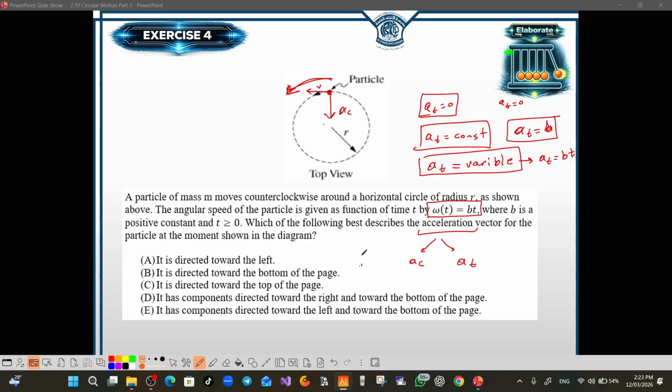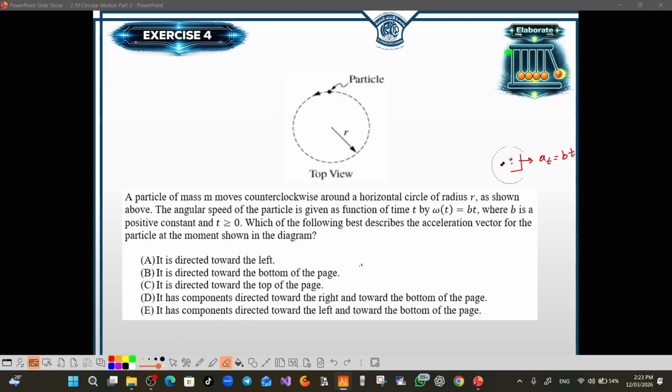Now, we have different ways to do that. For example, we know that the tangential acceleration is directly linked to the angular acceleration. So we know that at is equal to r alpha. And alpha is the derivative of omega over time. We have the omega, so let's apply the derivative of bt. This is a linear equation, and we know that the derivative of a linear function is constant.